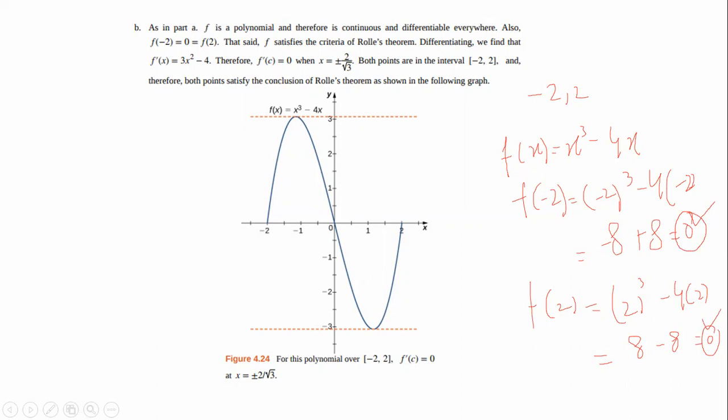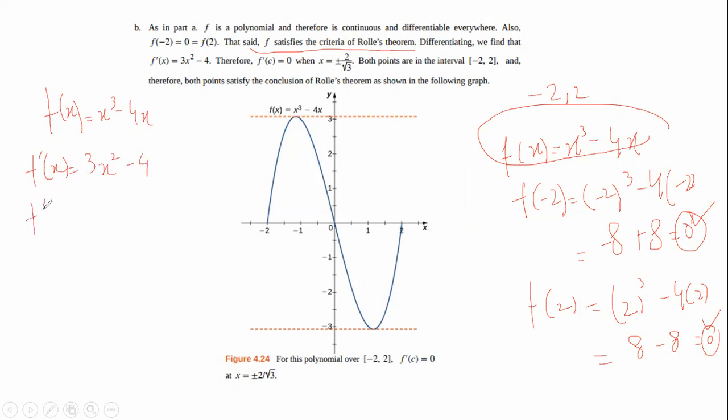So this says that my function value satisfies the criteria of Rolle's theorem. Now I have to differentiate the function value. So differentiate f of x equals to x cubed minus 4x. The derivative will be f derivative of x equals to 3x square minus 4.